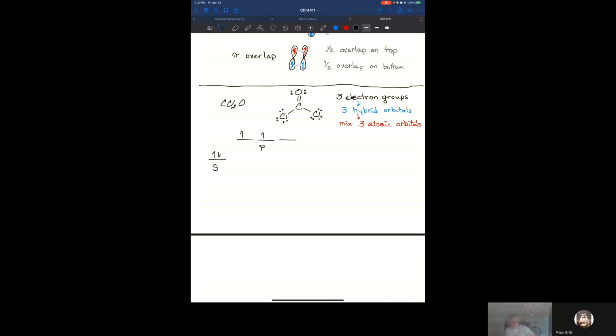So how can I make a sigma overlap? I need to have 3 half-filled orbitals. That's why I grab the orbital that's empty and one of the other ones.